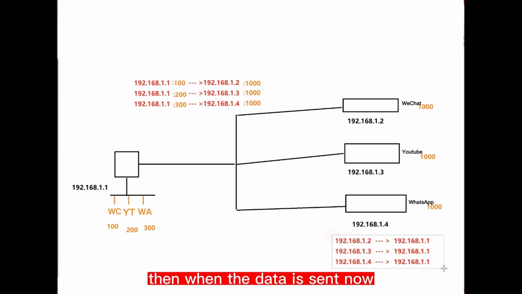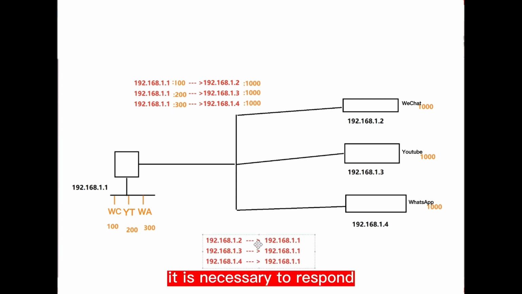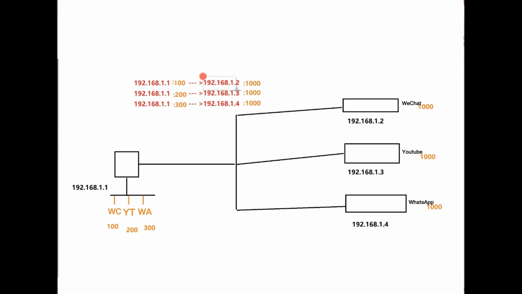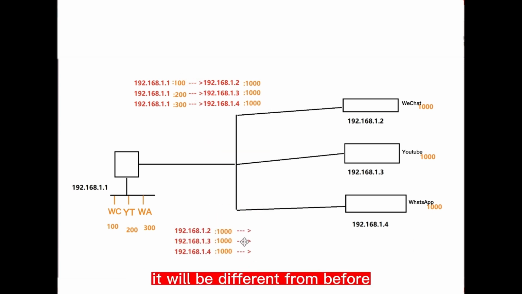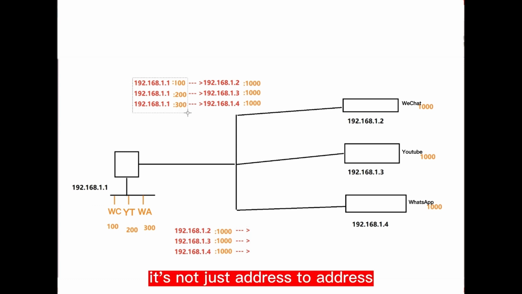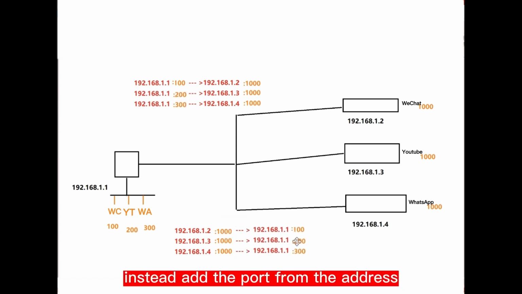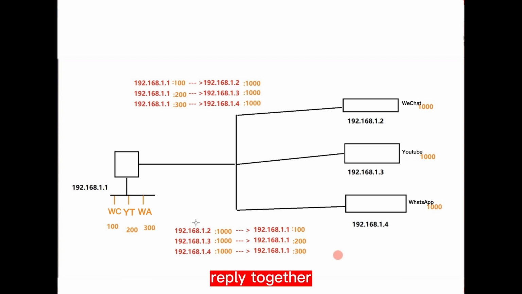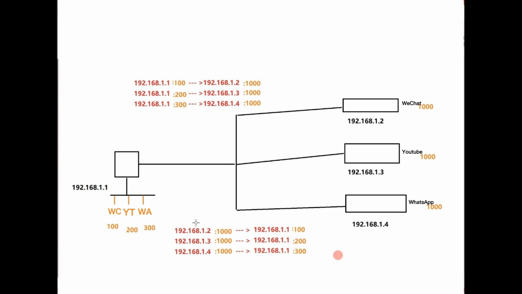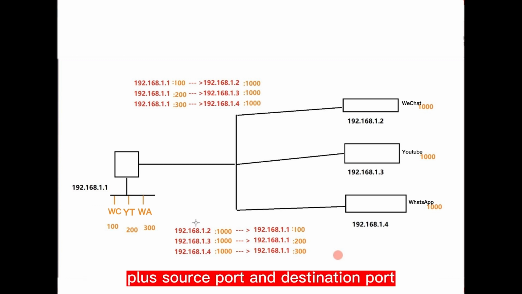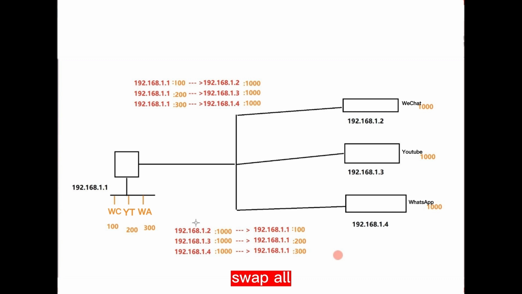Then when the data is sent now, it is necessary to respond to the corresponding data packet. Then when the data packet is replied, it will be different from before. It's not just address to address. Instead, add the port from the address. Reply together. That is, when the reply packet is sent again, we will put the overall source IP and destination IP, plus source port and destination port, and swap all.